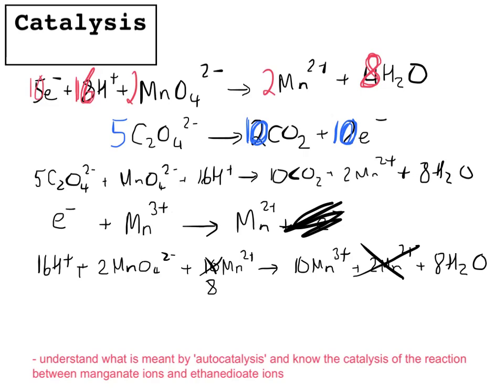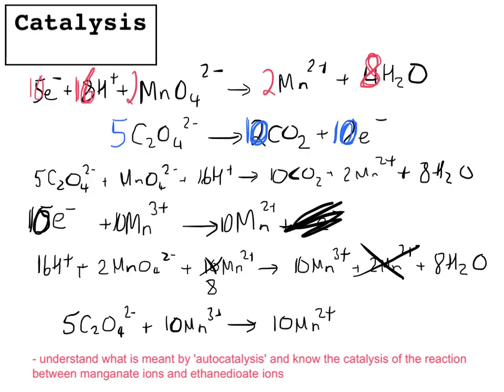And this time it's going to combine with the second half equation of this full equation. So this time we need to multiply this up by 5, so the electrons cancel. Not 5, sorry, 10. So the electrons cancel again. And so this time you'll get 5C2O4 2- plus 10 Mn3+ goes to make 10 Mn2+ 10 CO2. And again, you could divide through by 5 in order to make this the simplest equation possible.